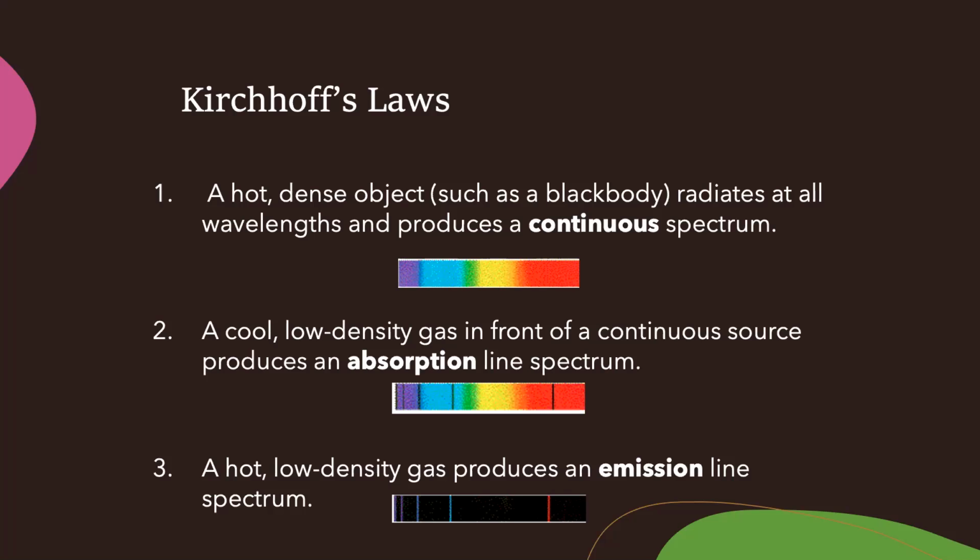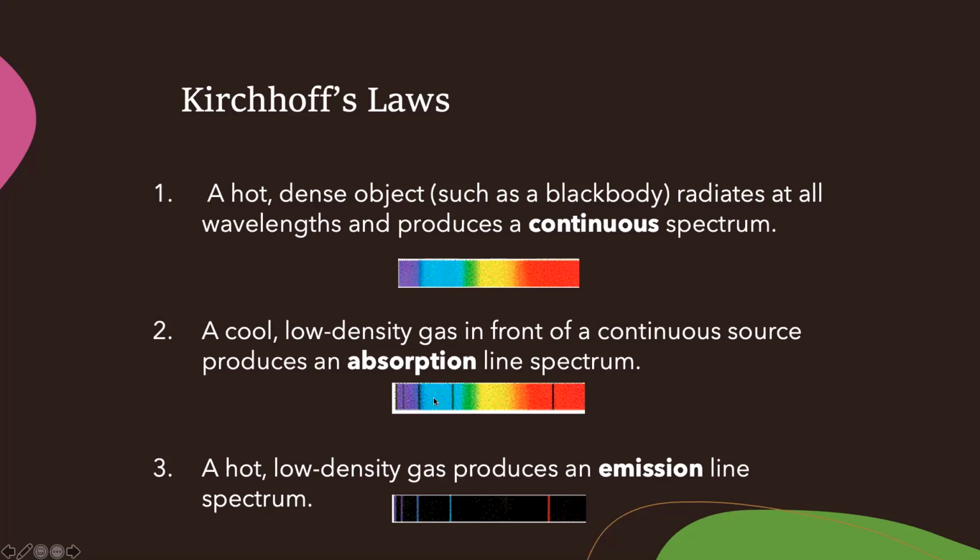And when the remaining light that passes through gets dispersed and cast on a screen, you notice that there are certain colors that are missing. And that's what you see here. This is called the absorption spectrum, right? Showing which wavelengths were absorbed by the gas.